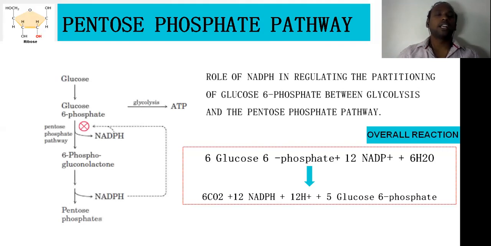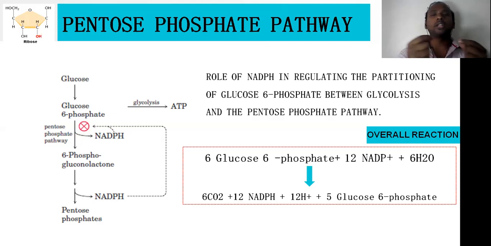So coming to the regulation. The regulation is very important, because in any kind of metabolism, it has to be regulated along with the same or resembling pathways. Here, glucose is converted into glucose 6-phosphate, and this glucose 6-phosphate has 2 ways.